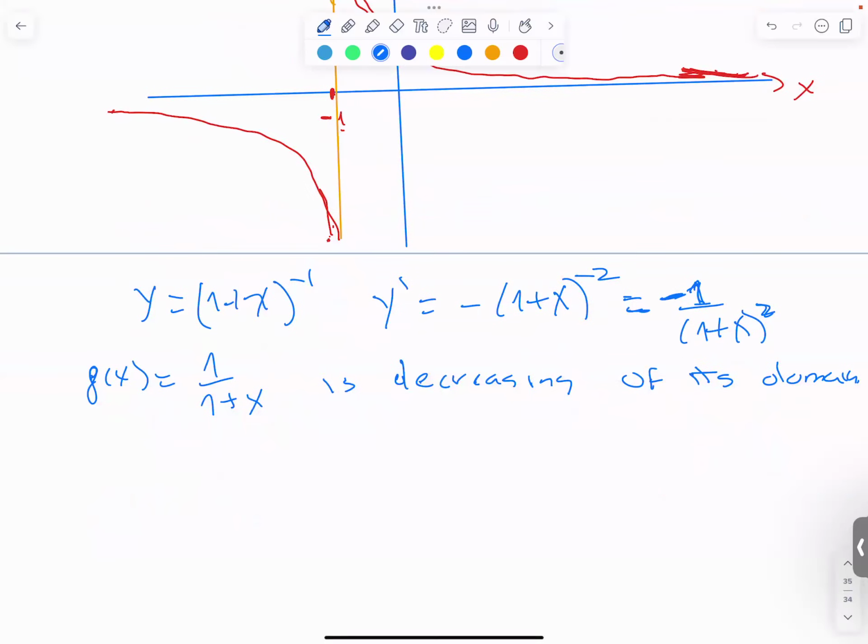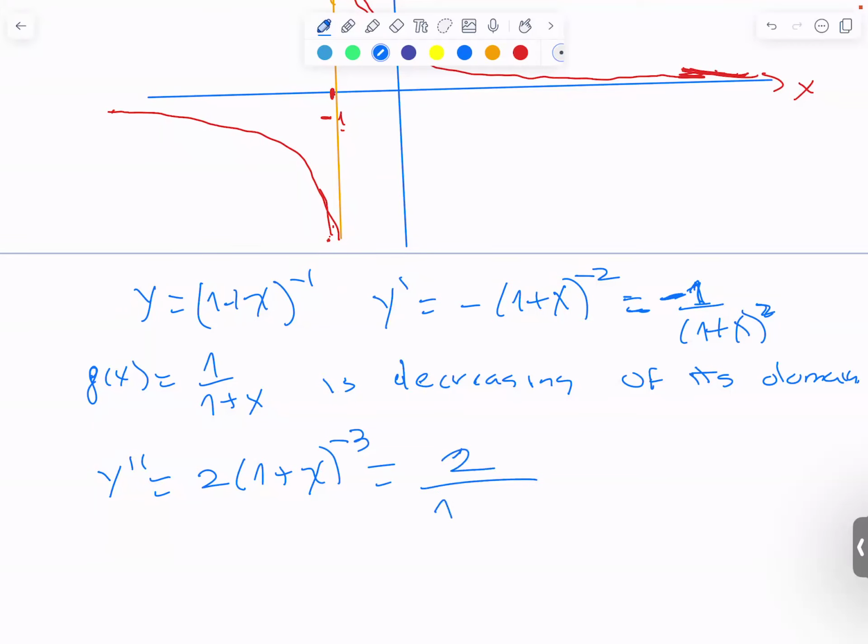Now let's do the second derivative. The second derivative is -2 goes to the front, which times -1 is going to be +2, times 1 plus x to the -3, which can be written as 2 divided by 1 plus x to the third power. And here we don't have an inflection point because it's never 0.